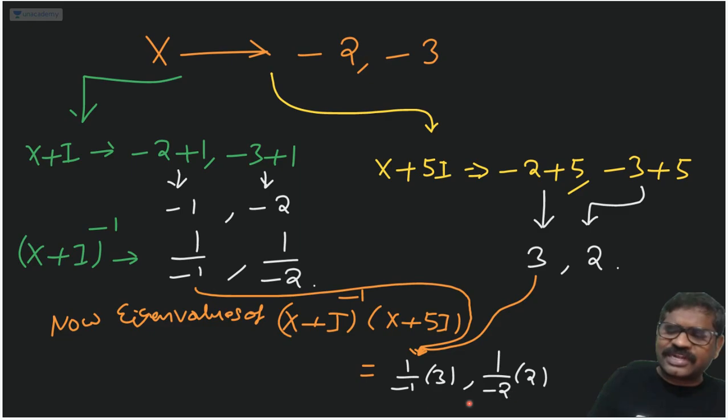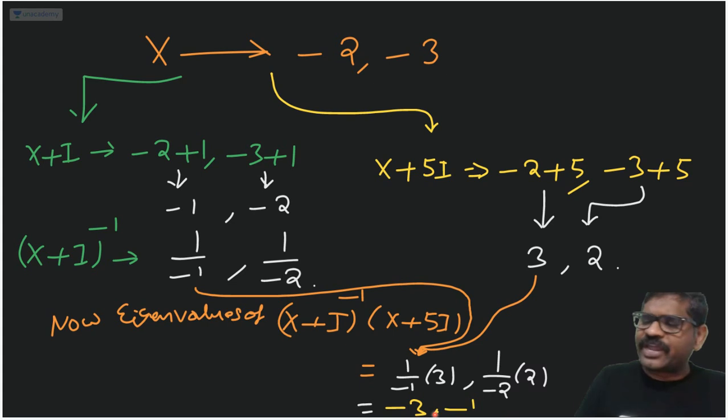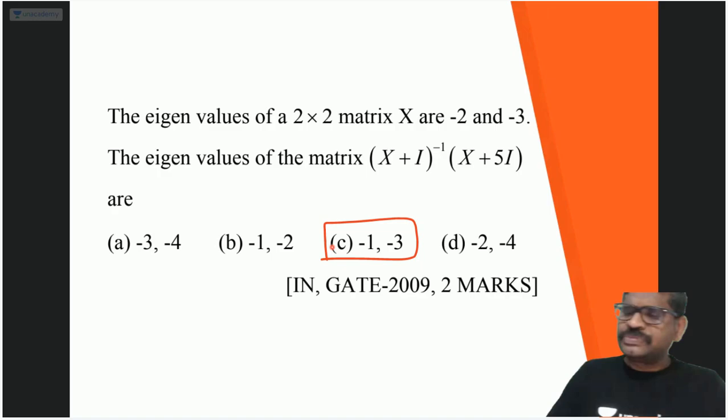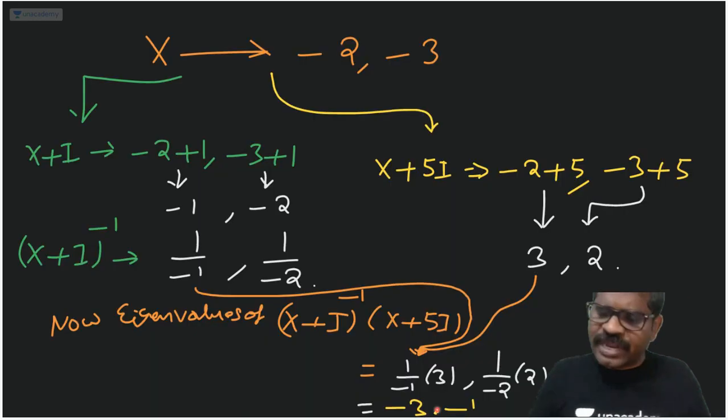The result is -3, -1. So the final answer is -3, -1. Understood?